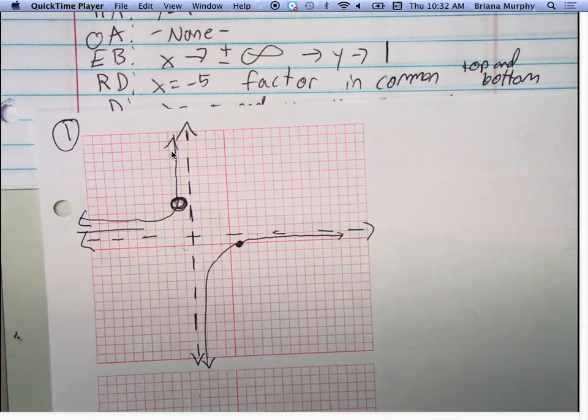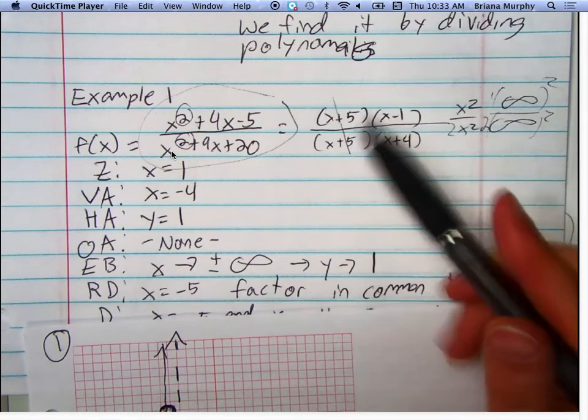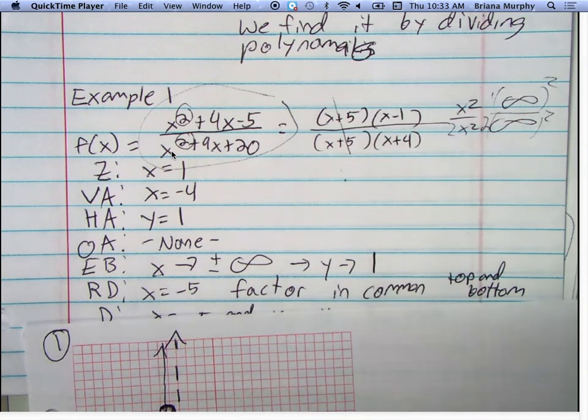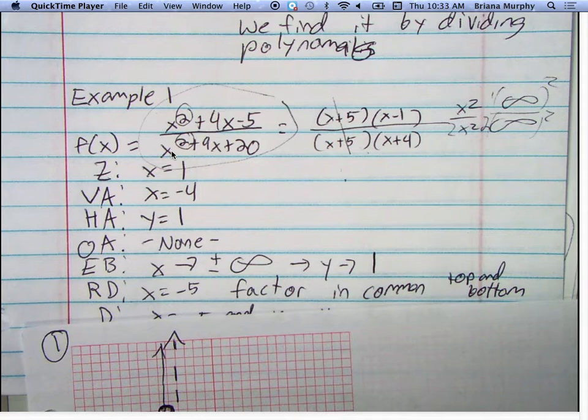It doesn't exist. Why does that happen? Because we can't divide by 0, right? And while we did take this 5 away from the top and the bottom, it can't exist. We can't ever have a possibility where we could have a 0 on the bottom because a y can't exist on it. So it's undefined.